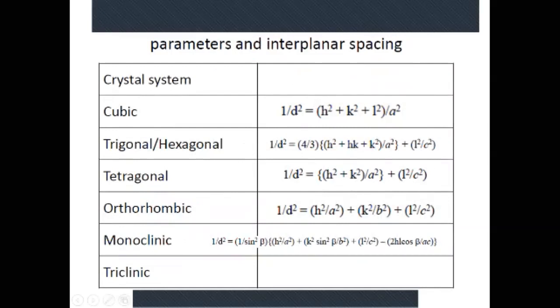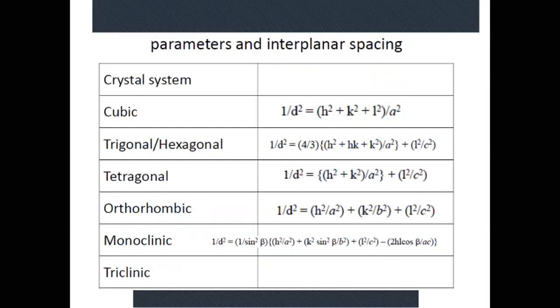And so here's how you can take the D spacing and determine the actual relevant HKL values. This is pretty cool, because if you know the D spacing and you know the unit cell values, you can calculate the HKL value of that plane.